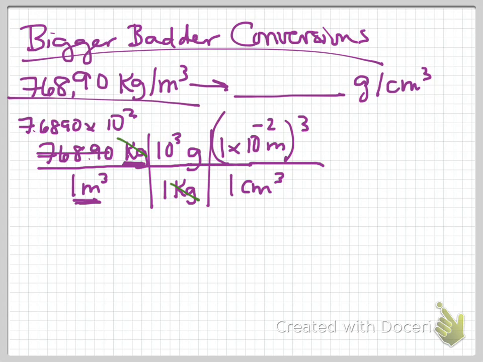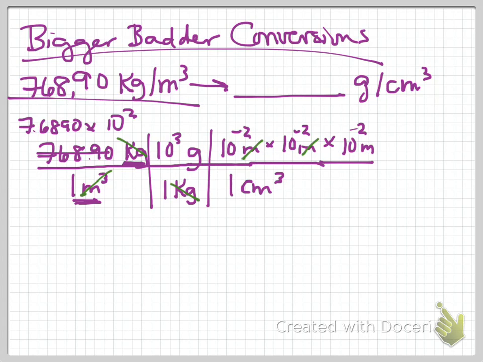I find that the easier way to write that is like that, because it gives me a visual reminder that I'm cubing that. So now, if I look at my units, the cubic meters is canceled out by meters times meters times meters, and if I stopped right now, I would end up in grams per cubic centimeter.